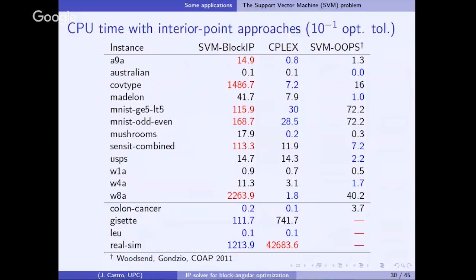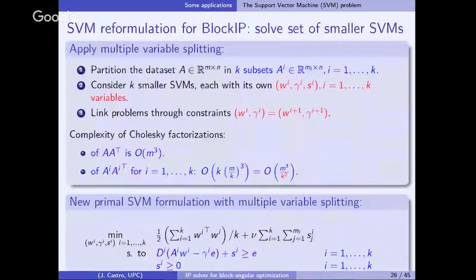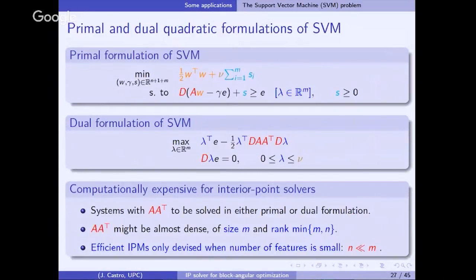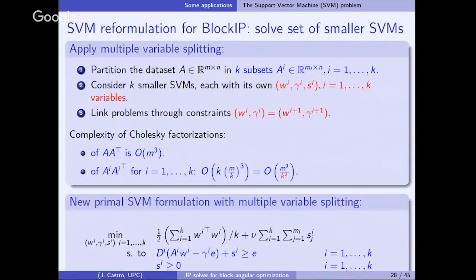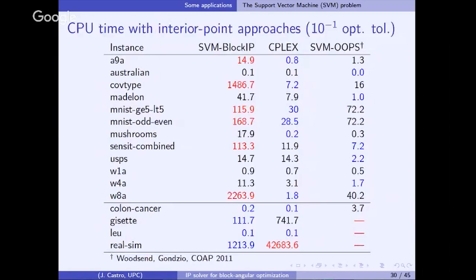I didn't want to bother you with details, but I tried both formulations with Simplex: the one with only one block, solving the huge problem, and the formulation with multiple blocks. Here I'm reporting the fastest one for Simplex. I don't remember, some of them are with the one block formulation, some with the k blocks formulation. I'm not cheating. I'm using the best result for Simplex.